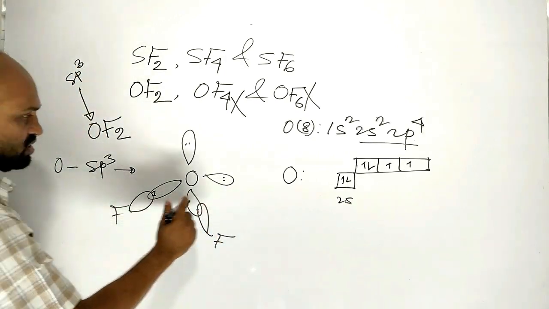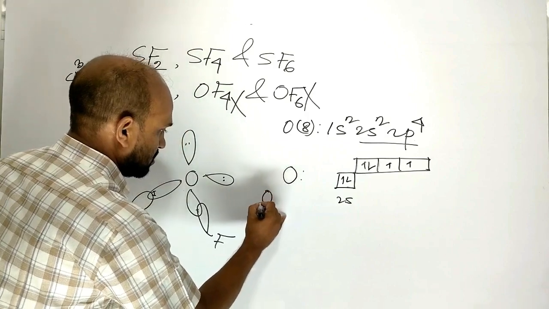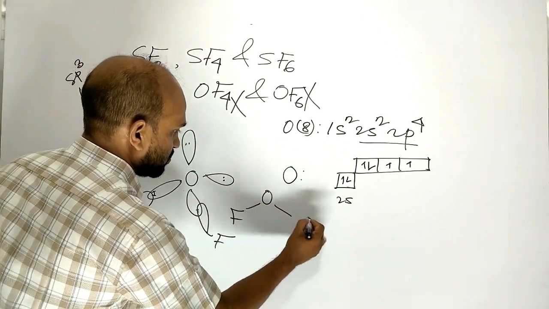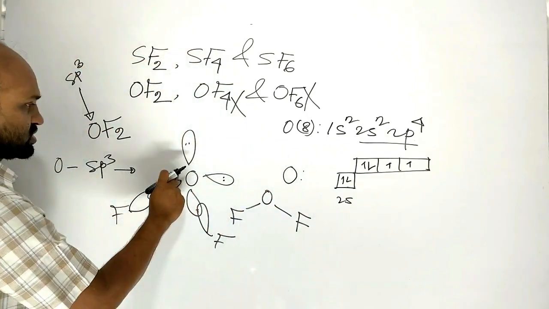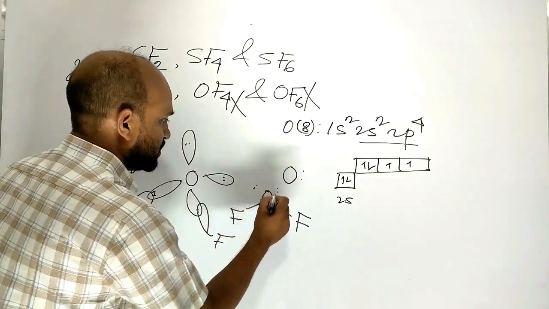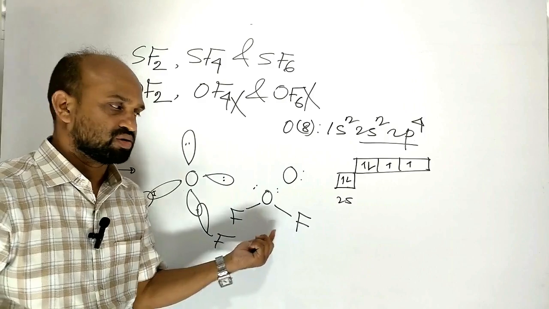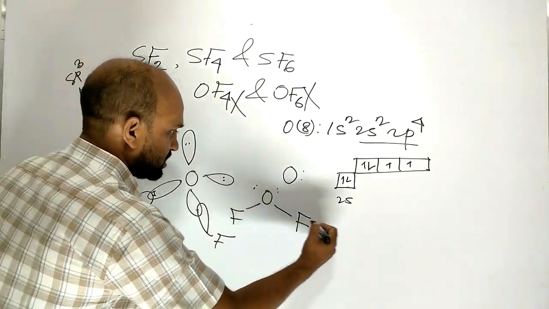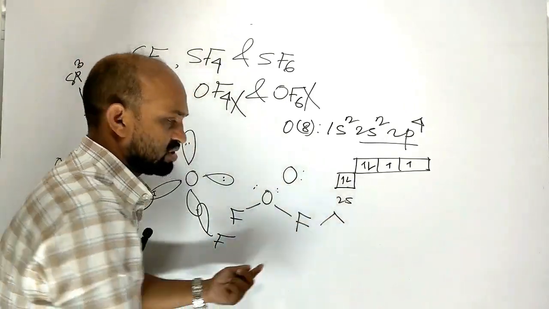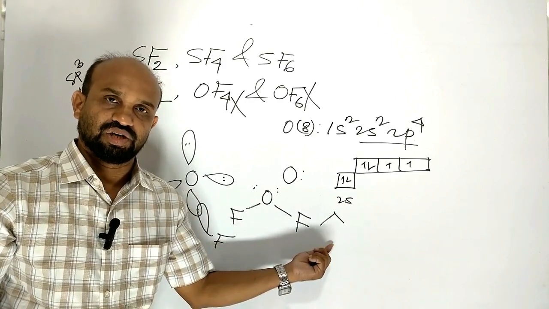So this is the way oxygen difluoride is formed. Oxygen contains 2 lone pairs of electrons. Because of these lone pairs, this molecule gets bent shaped or V-shaped.